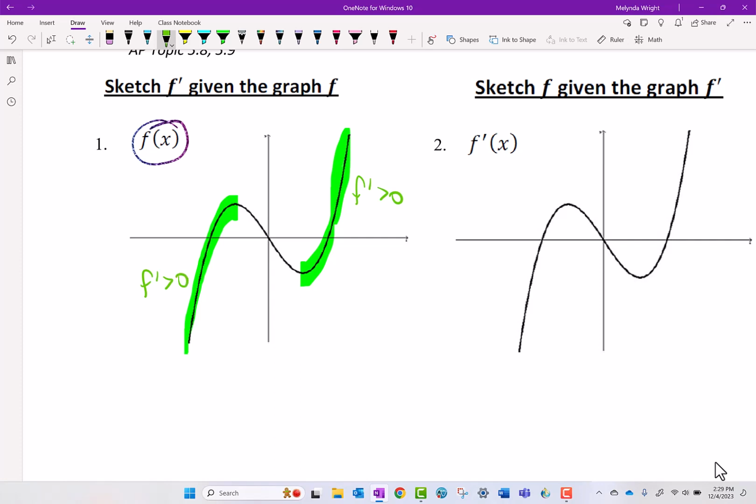So we can read the sign of f prime by looking at whether the slopes are positive or negative. Then what we've got right in here, we've got some negative slopes. So what does that mean? That means that f prime is less than 0. Okay, so those are our guidelines for drawing f prime.